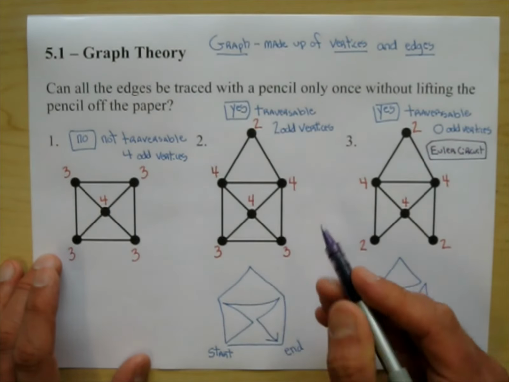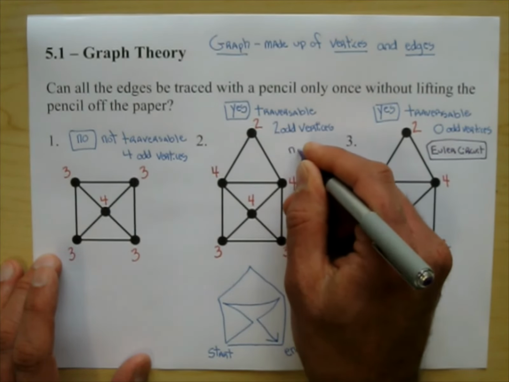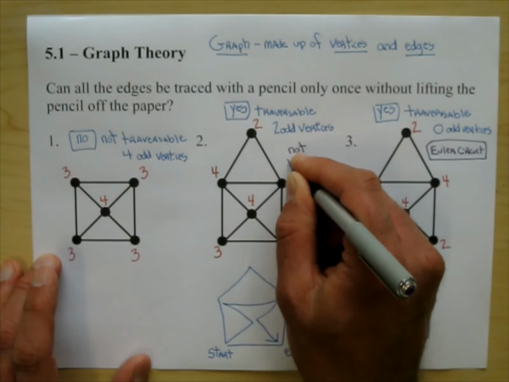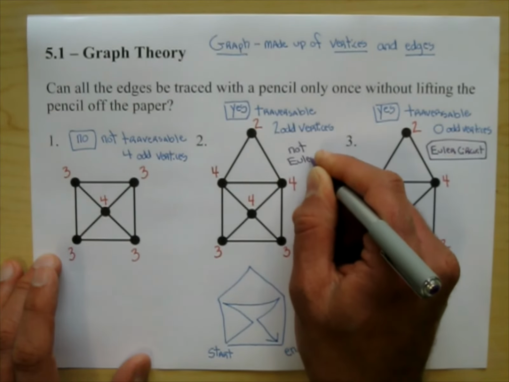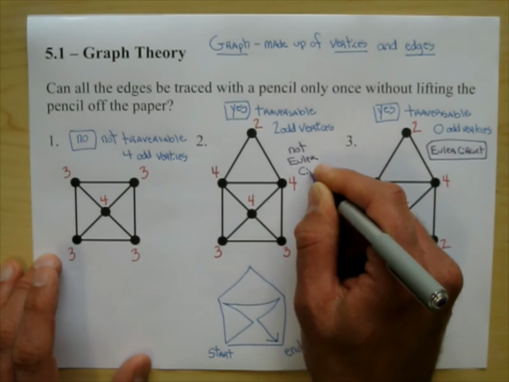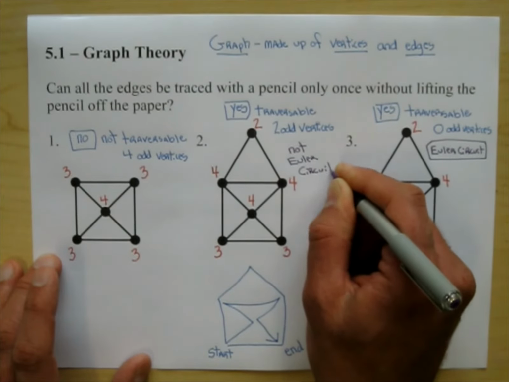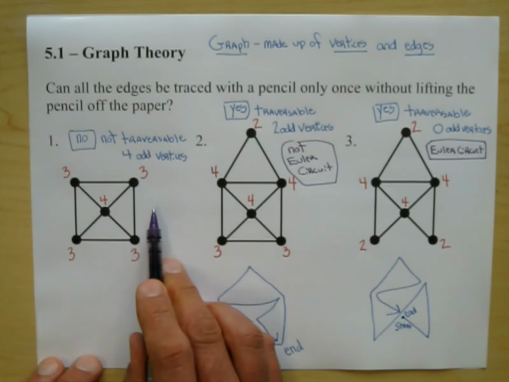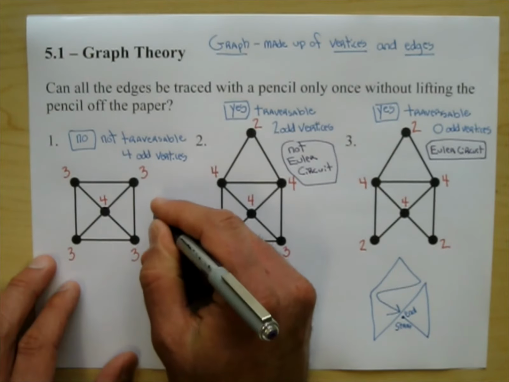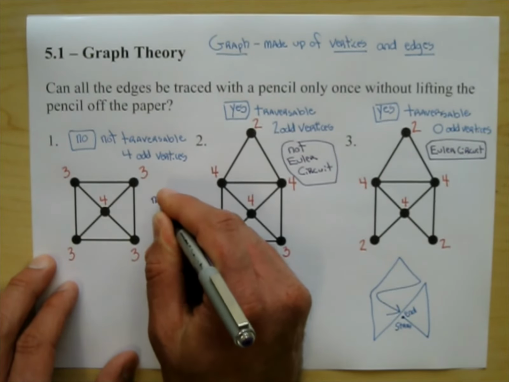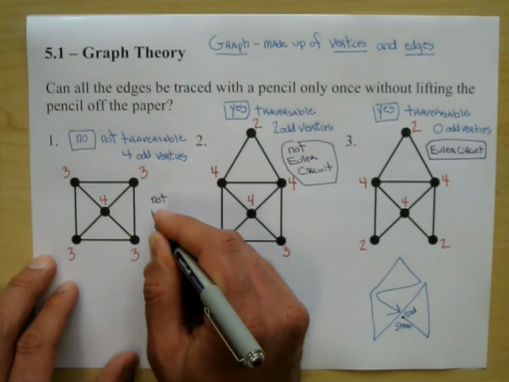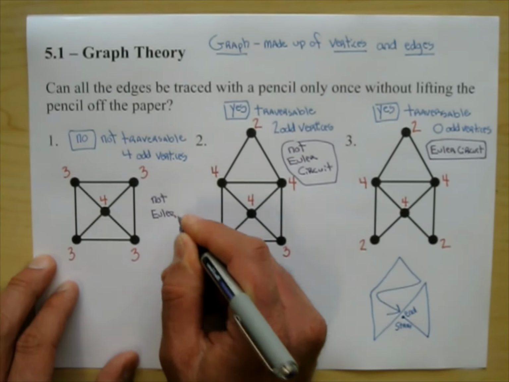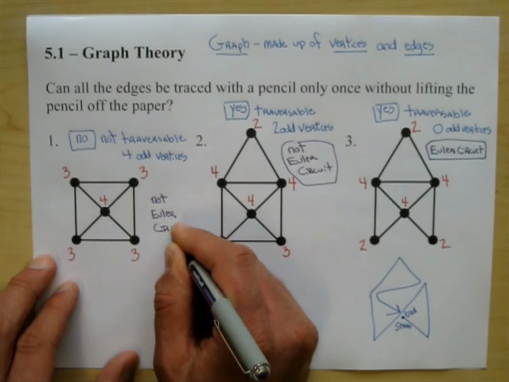It may have been traversable, but this one's not an Euler circuit. And this graph right here has 4 odd vertices. It's also not an Euler circuit.